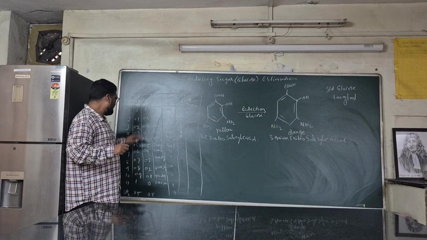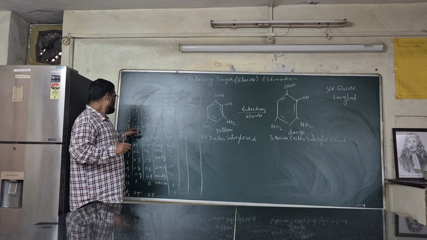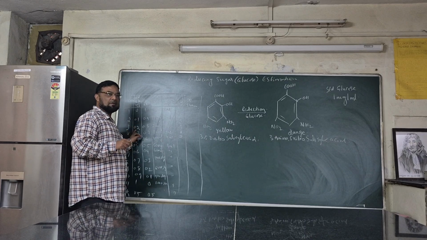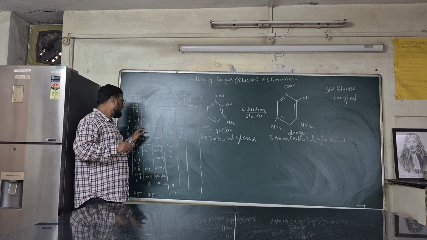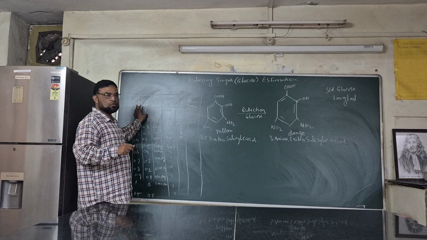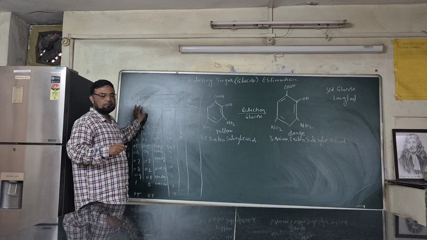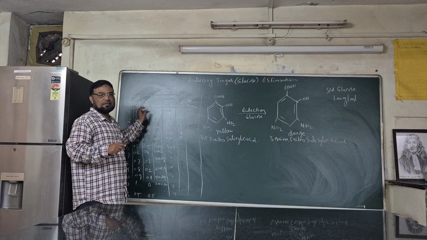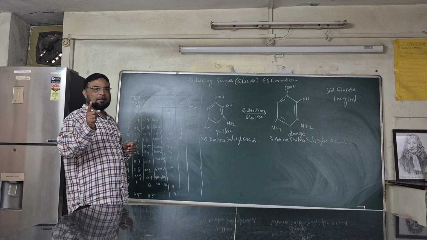Like this, you are supposed to prepare different aliquots. Take 0.2 ml of standard glucose and add 0.8 ml of water. These two put together should come to 1 ml. Glucose plus water should come to 1 ml.